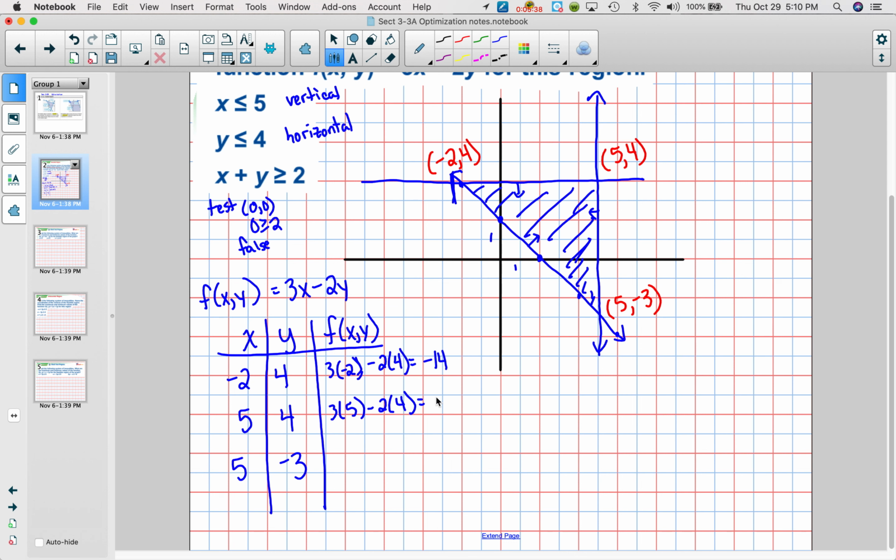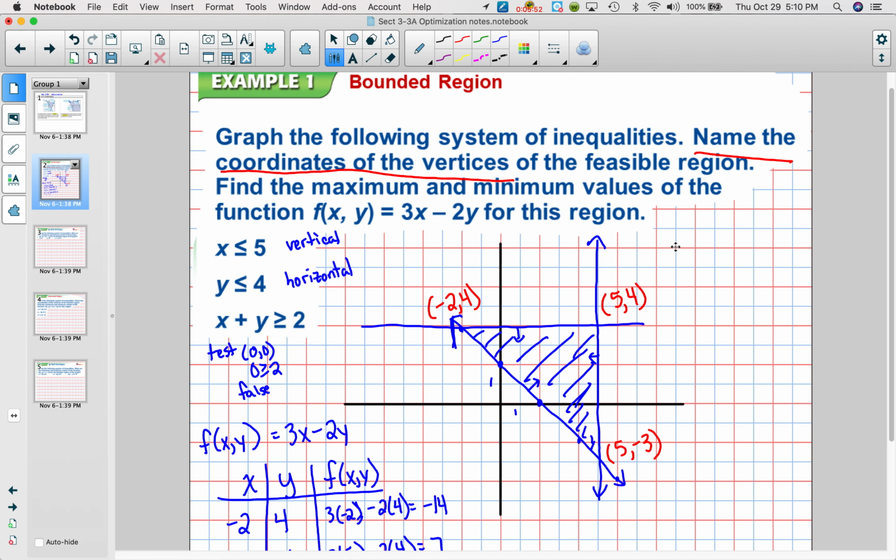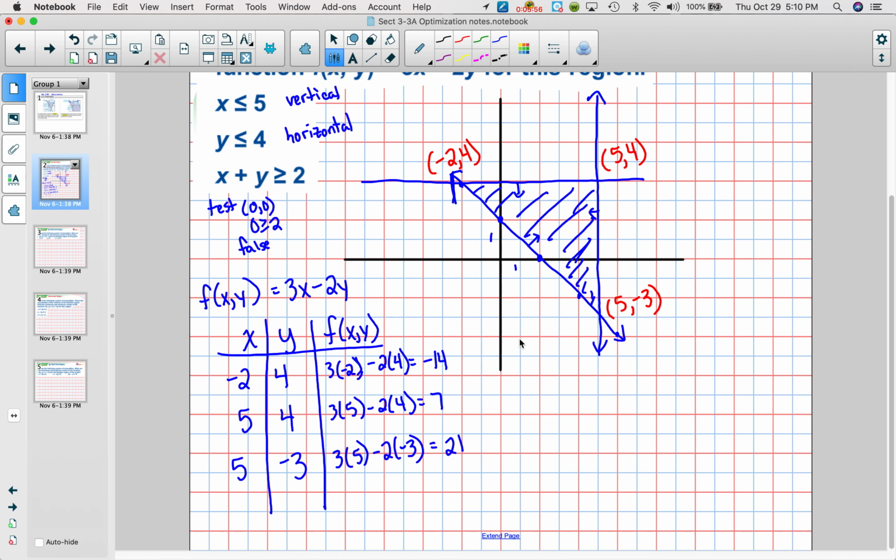So I get 15 minus 8, which is 7. And here we have 3 times 5 minus 2 times negative 3. So we get 15 plus 6, be careful there, is 21. Now, I'm asked to find the maximum and minimum values of the function. So the maximum value is 21.